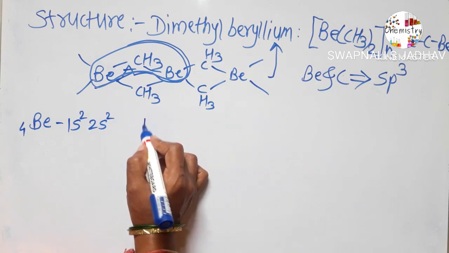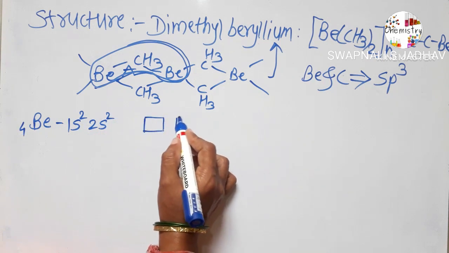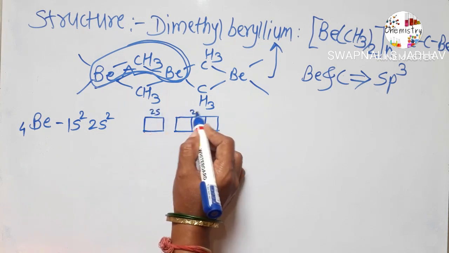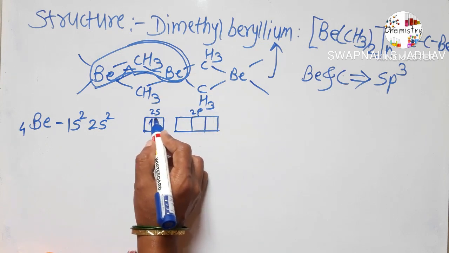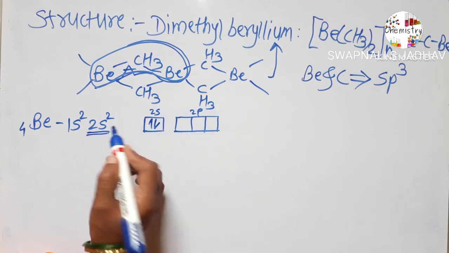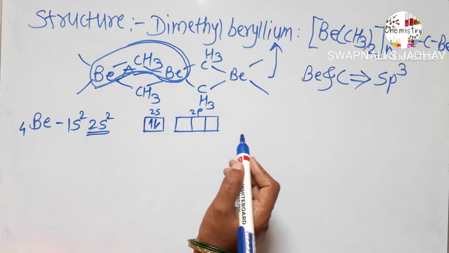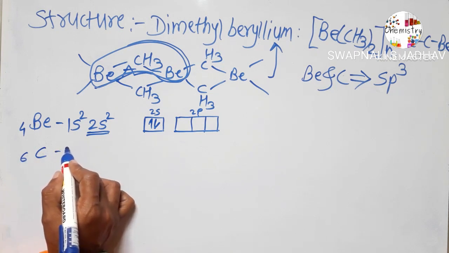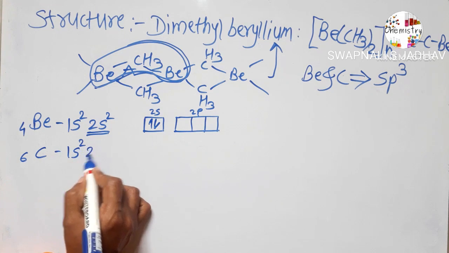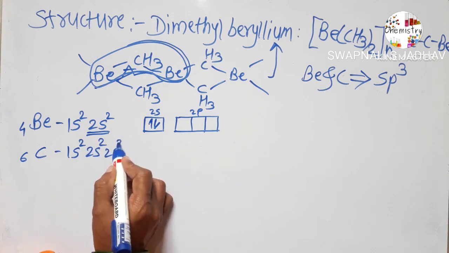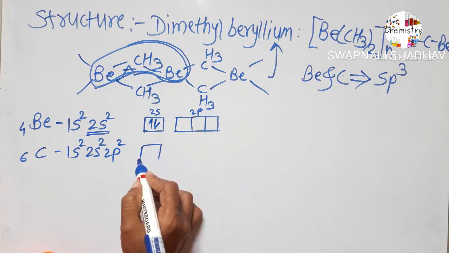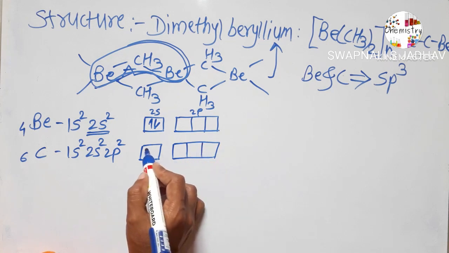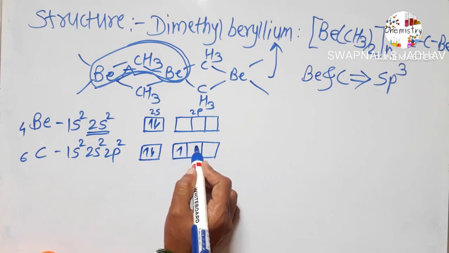In the ground state, the outermost shell is 2s, therefore 2s2. Carbon has atomic number 6, with electronic configuration 1s2 2s2 and 2p2.